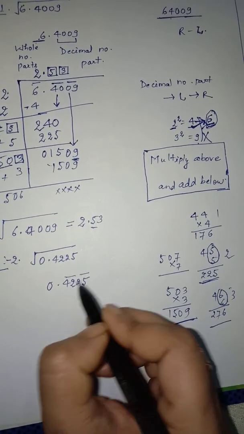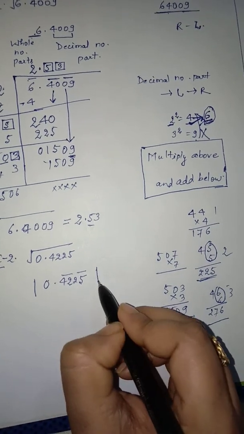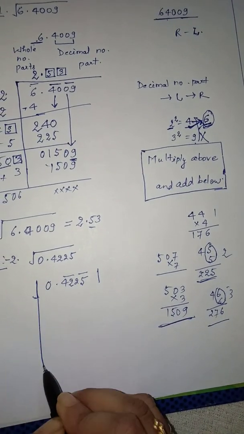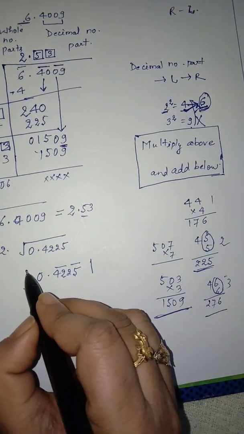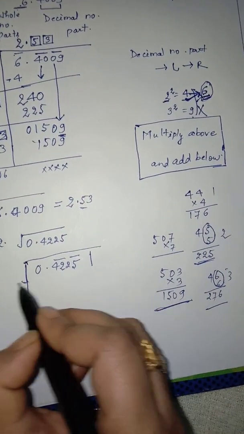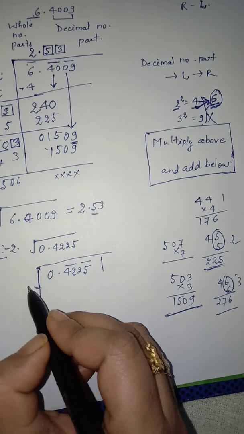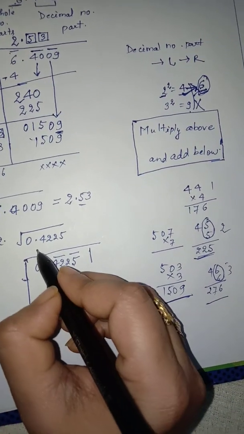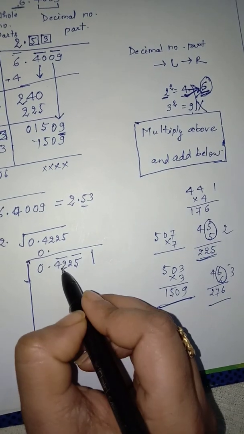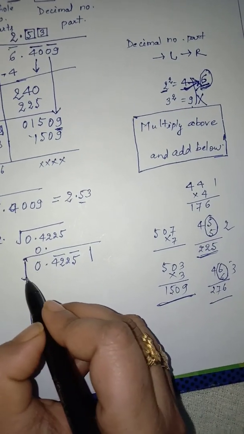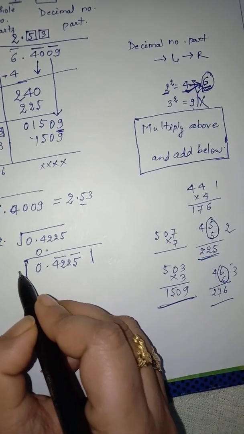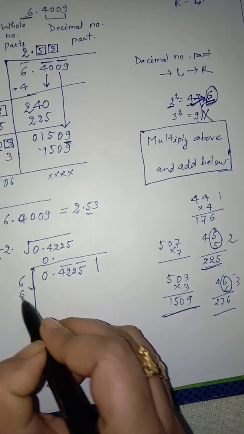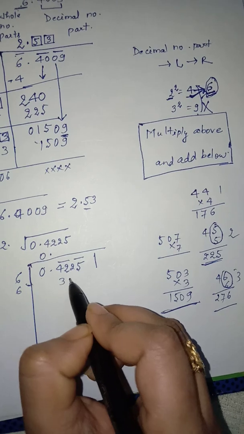Left to right. And now we will follow the same steps that we followed in example number 1. Here in the whole number part there is 0, so it should be 0 point. And this is 42. 42 means 6 times 6 or 7 times 7. So 6 times 6 is 36.